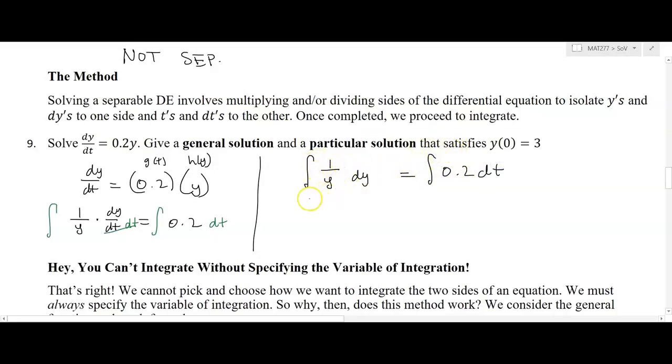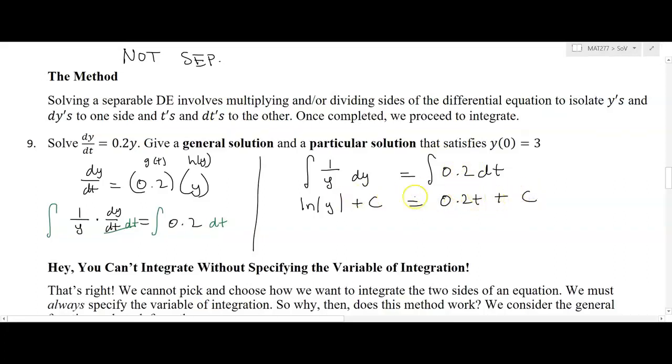Now the integral of 1 over y is the natural log of y, and it's really the natural log of the absolute value of y. That's not going to become super important for us, but it's just good practice. Now anytime you integrate, you add an arbitrary constant. So I'm going to add a c here, and over here 0.2 has 0.2t as its integral, also plus an arbitrary constant.